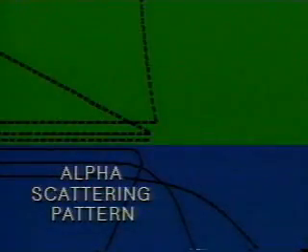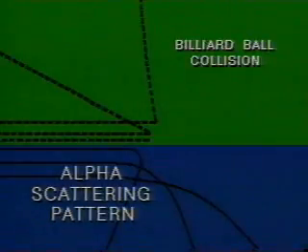Although Rutherford could not see the individual tracks, he intercepted them with screens at many different positions, until he built up an idea of the actual pattern produced. And it was quite different from our earlier pattern of billiard ball collisions.